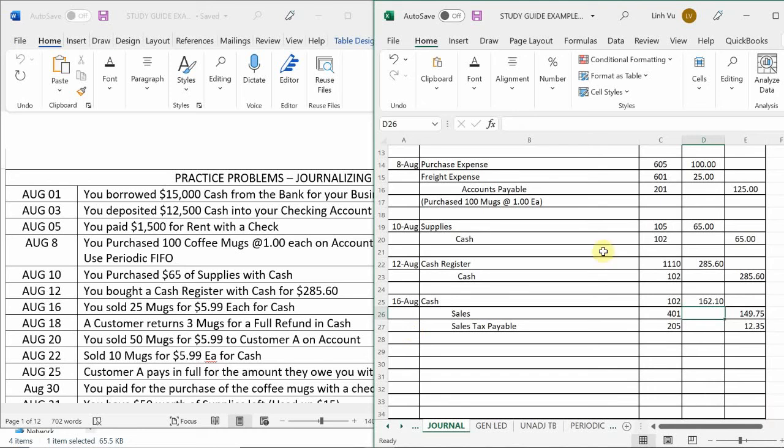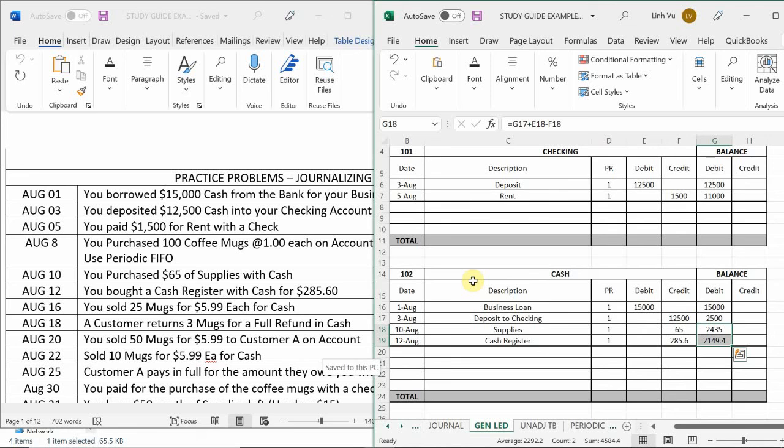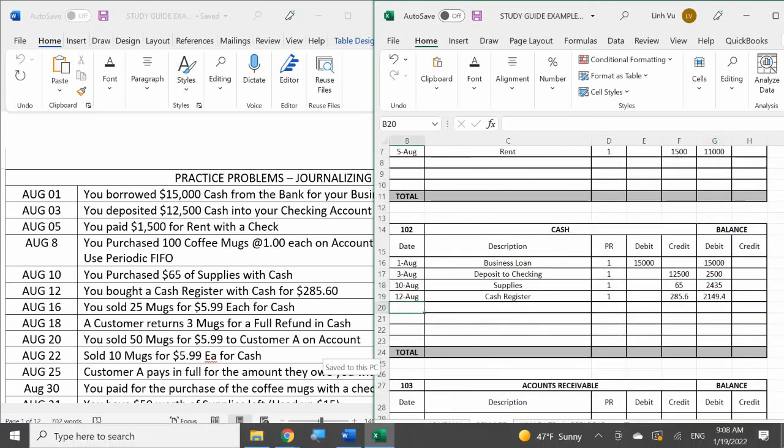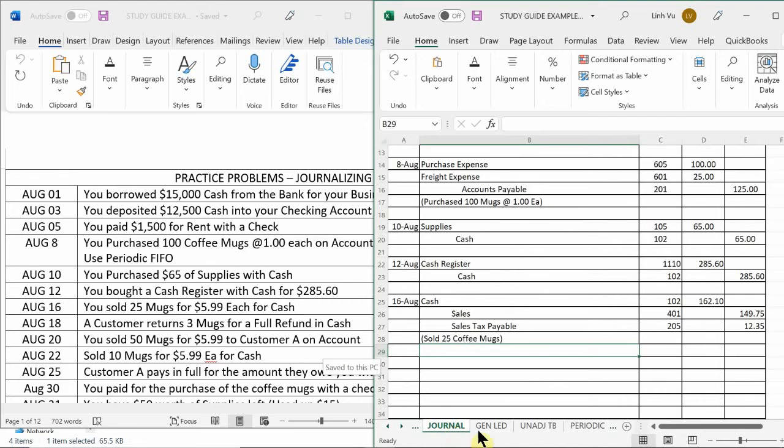Then you can make a note in your journal that you sold 25 of those coffee mugs. So then I have to go to my ledger, cash, for $162.10.